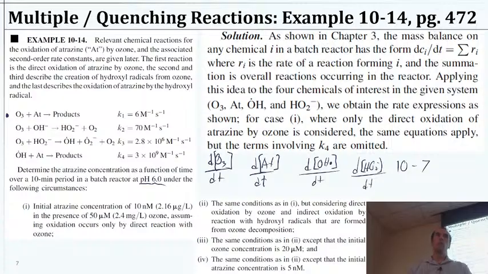So we need some function of each of those in order to solve the problem, because all these reactants over here are what our solution is going to depend on. Okay, so for case 1, the only direct oxidation of atrazine, we're really only going to apply this one to the atrazine concentration over time.